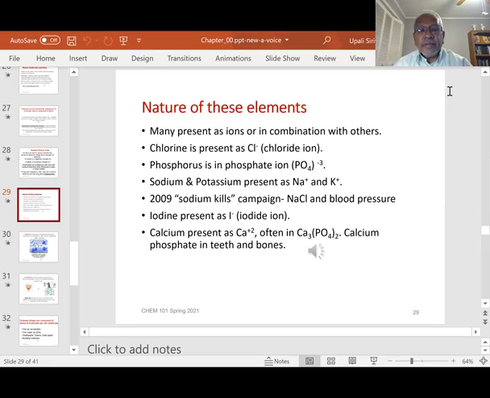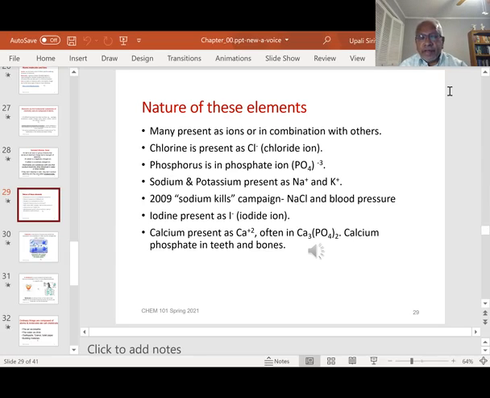Nature of these elements: many are present as ions or in combination with others.